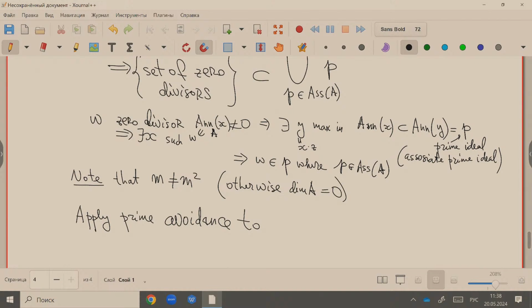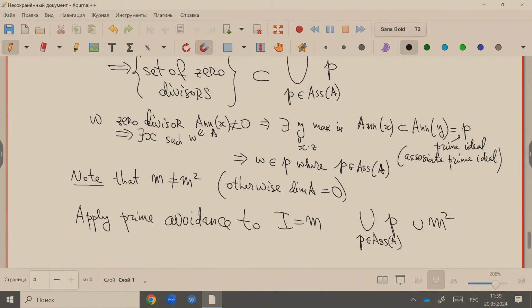So to I equal to m, and the collection of ideals, so the union of P where P runs through the set of associated prime divisors, and the union of m squared. So to reduce the dimension of m modulo m squared, we have to find an element in M that is not in M squared.